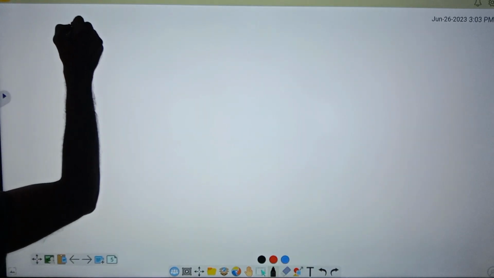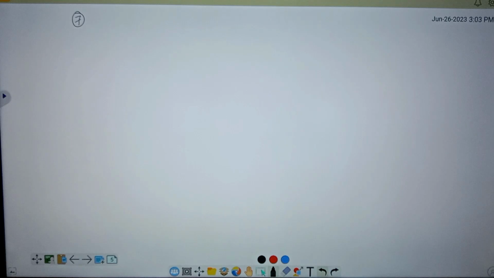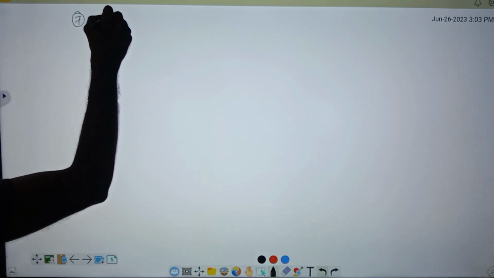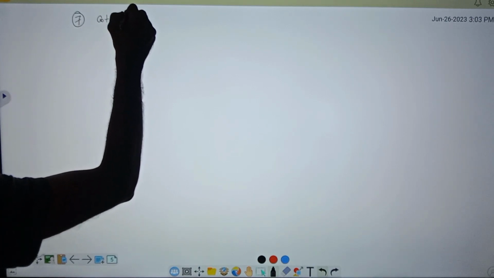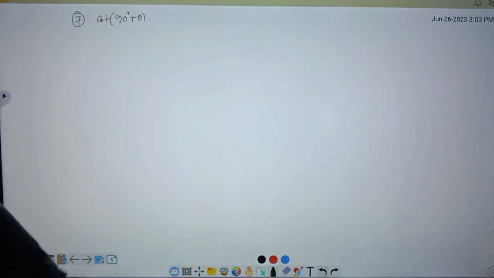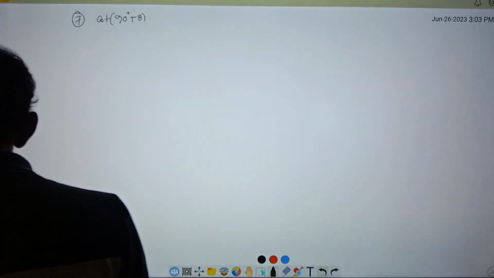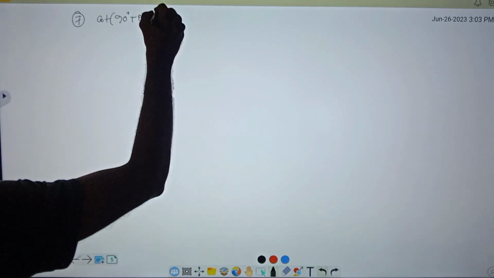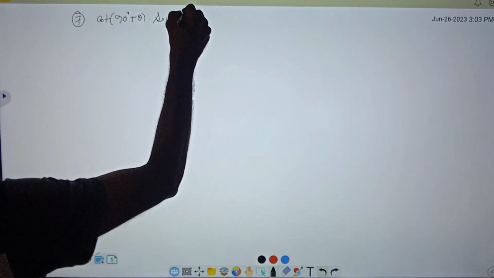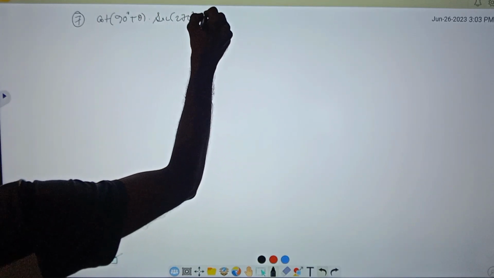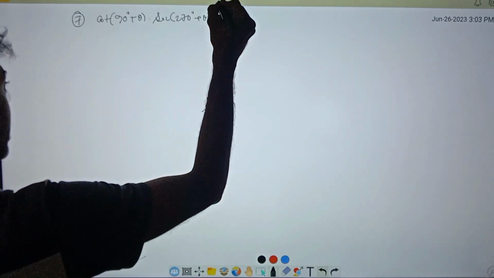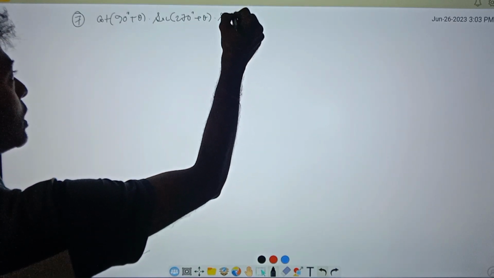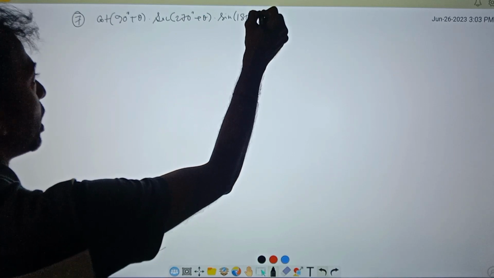that is our problem number 7. In problem 7, it has been given that cot of 90 degree plus theta into sec of 270 degree plus theta, and then sine of 180 degree minus theta.